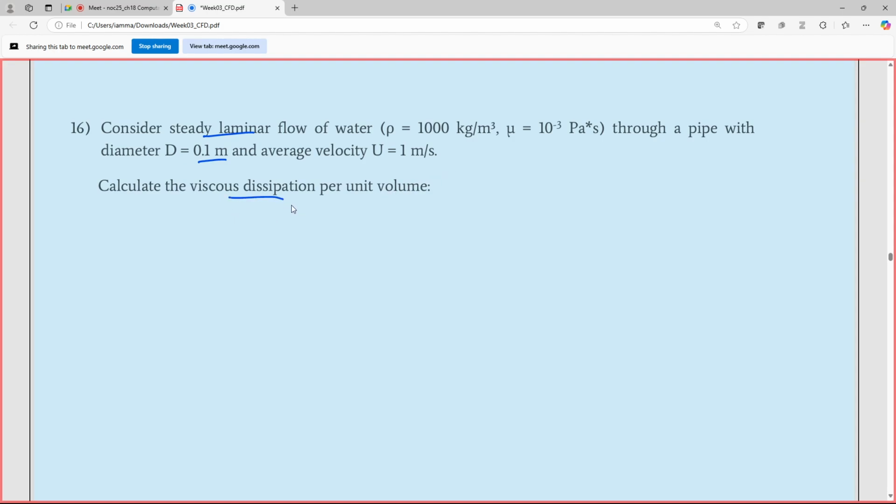Calculate the viscous dissipation per unit volume. So try to compute the answer.